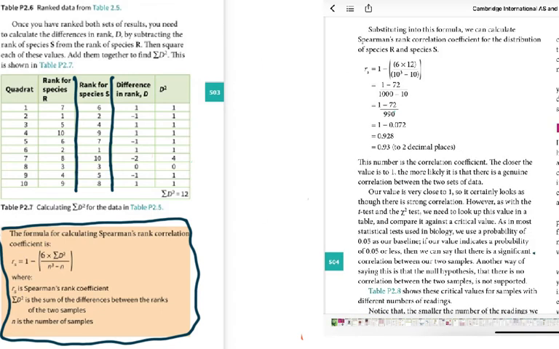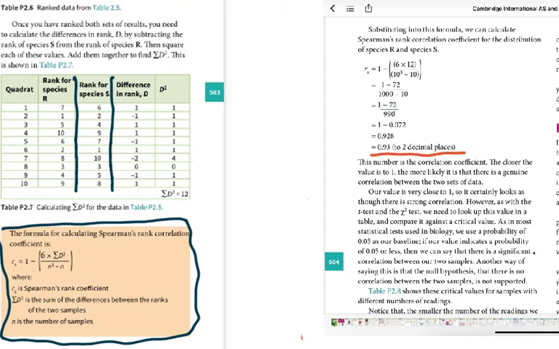Now as we substitute into this formula, we can calculate the Spearman's rank correlation coefficient for the distribution of species R and S. So simply what we did is we put in all the figures. So 1 minus 6 into sigma d square was 6 into 12. And then because n was 10, n cubed means 10 into 10 into 10, and then n minus 10, so 10 cubed minus 10. And we did all the maths, and we get this figure.